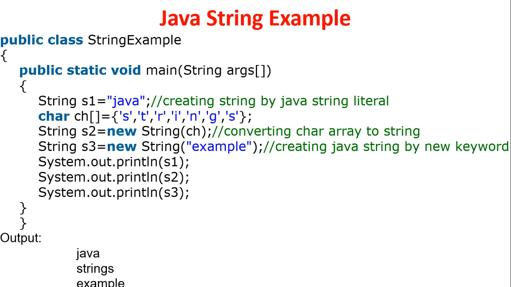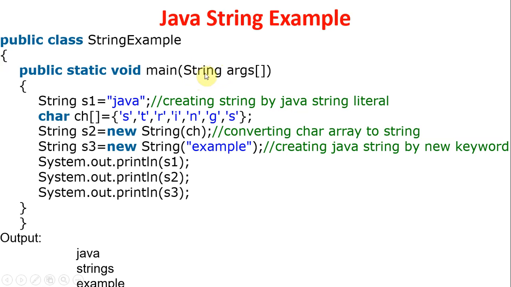So let's see an example. Public class, class name, compulsory main method, and the syntax should be the same. Now you came to know why we are using String here. String is a class.